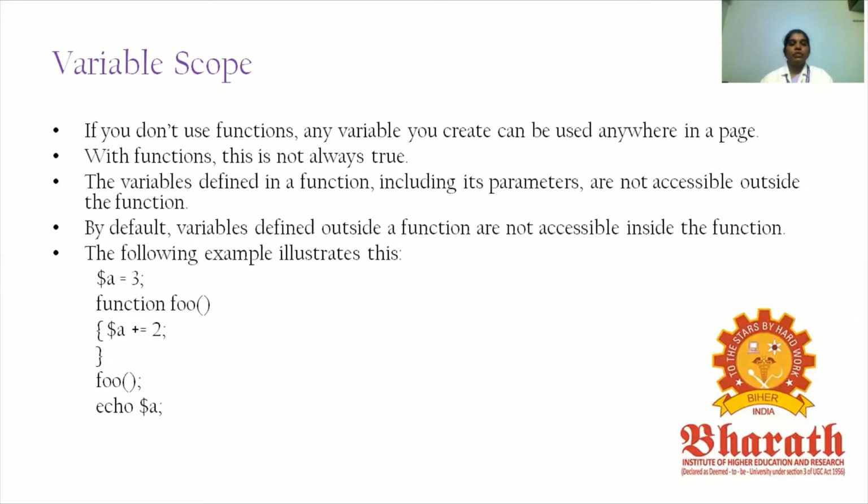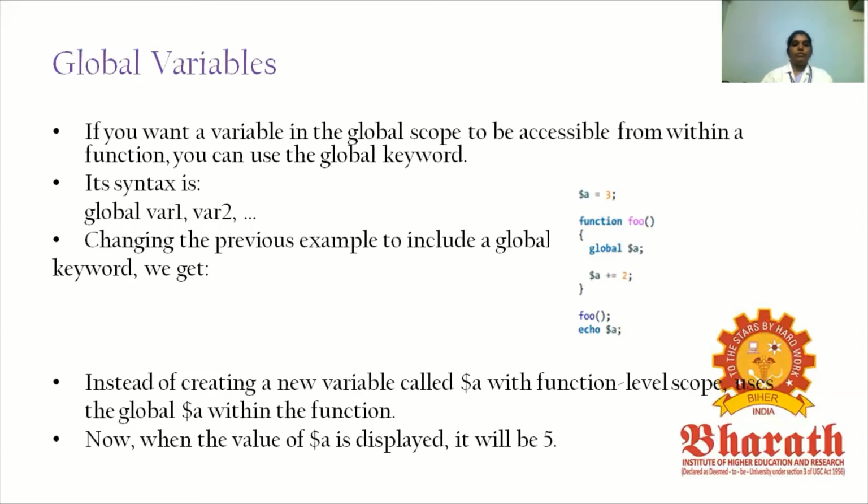Then $A += 2, the shortened notation. Then foo() is the function call, which invokes the function. Afterwards the echo statement displays the value.